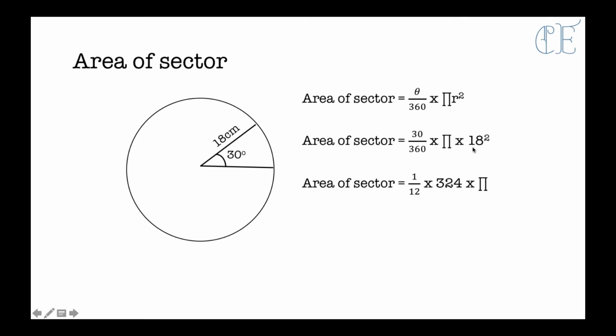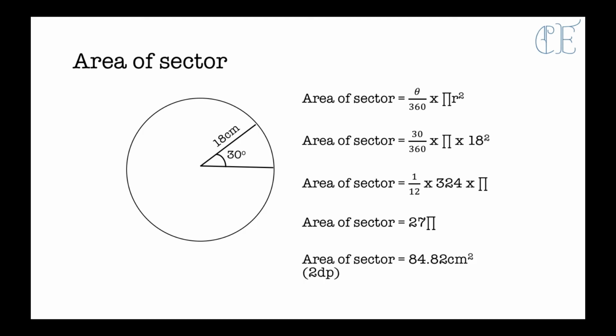And 18 squared gives us 324, and then we just still need to times it all together. Your calculator will end up saying 27 pi, but as before, if you press the SD button, you will get an actual number, which is 84.82 centimetres squared to 2 decimal places.